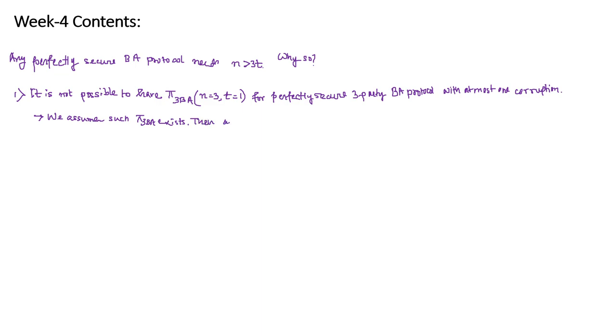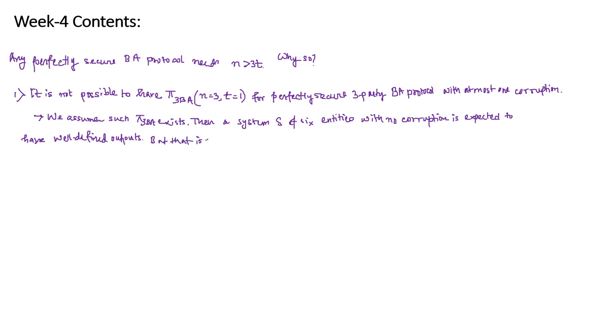Then a system S of 6 entities with no corruption is expected to have well-defined outputs, but that is not the case.